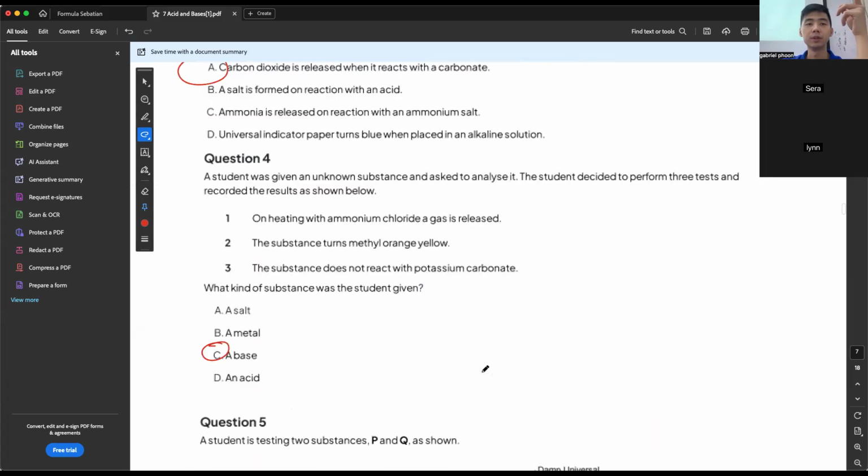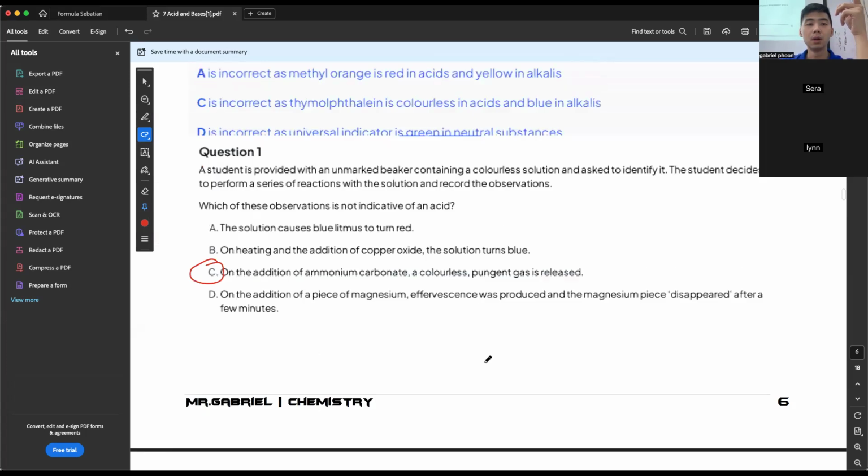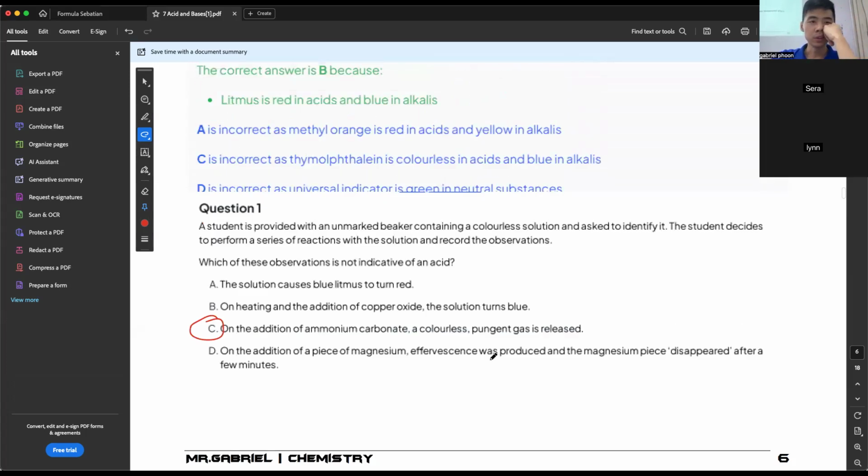Then question number 1. Wait, let's do question 1 first. A student is provided with an unmarked beaker containing a colorless solution and asked to identify it. The student decides to perform a series of reactions with the solution and record the observations. Which of the observations is not indicative?